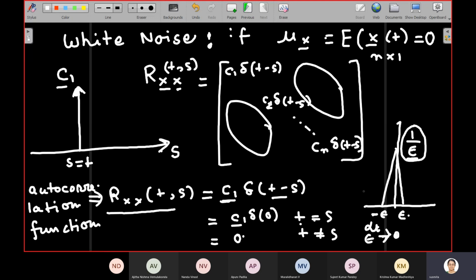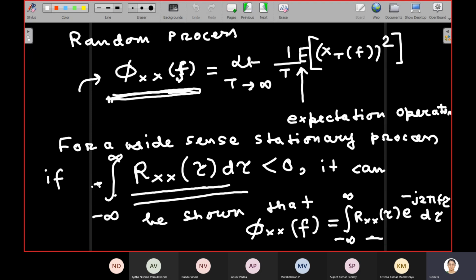Okay. Now, for this kind of autocorrelation function, what kind of power spectral density should we expect to see? In this case, we know that the condition that we need to check holds, because if we integrate the autocorrelation function from minus infinity to plus infinity, it actually exists. So we can take the Fourier transform of the autocorrelation function to find the power spectral density.